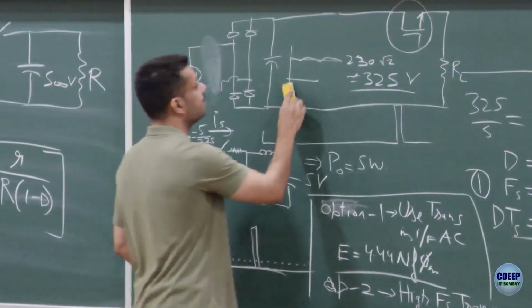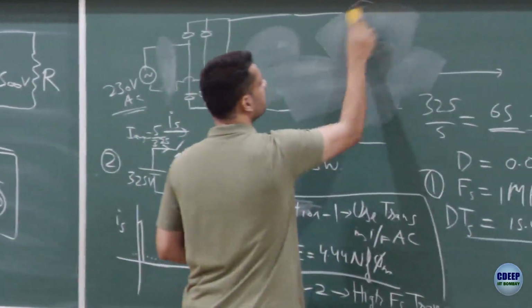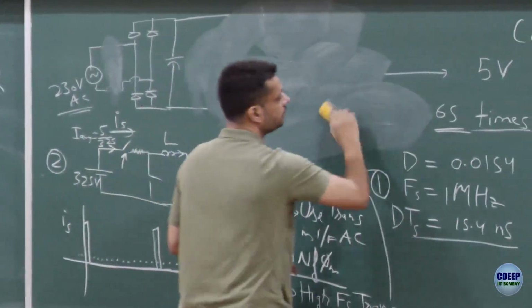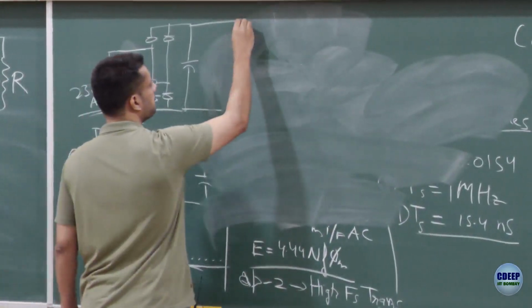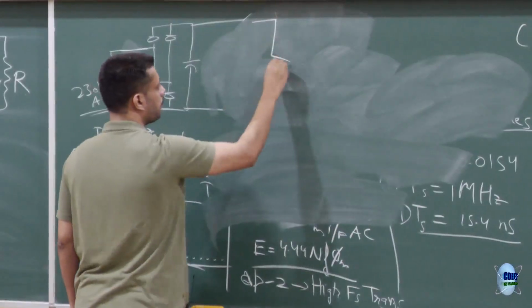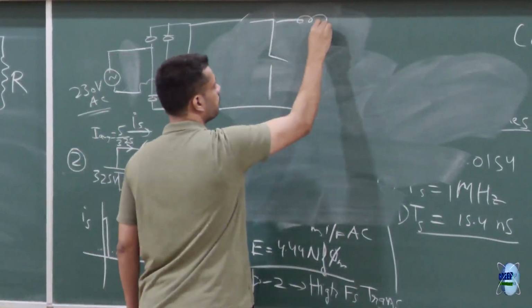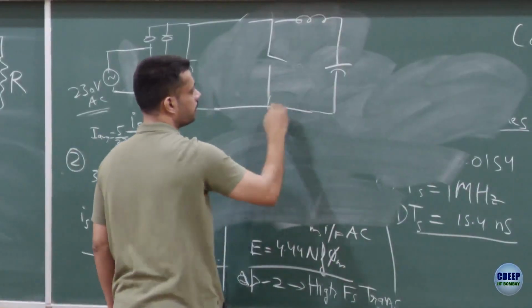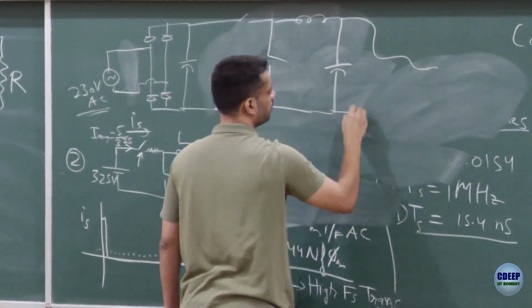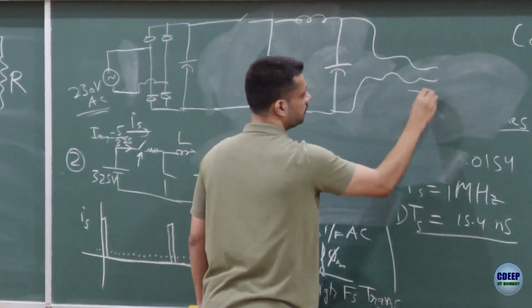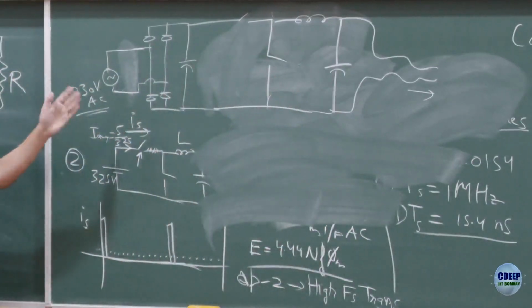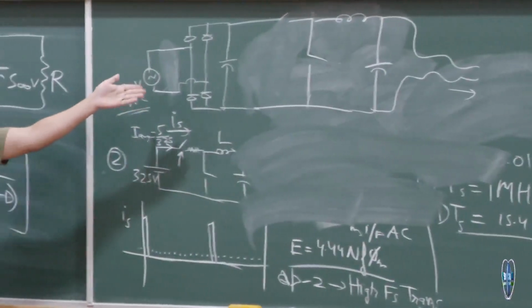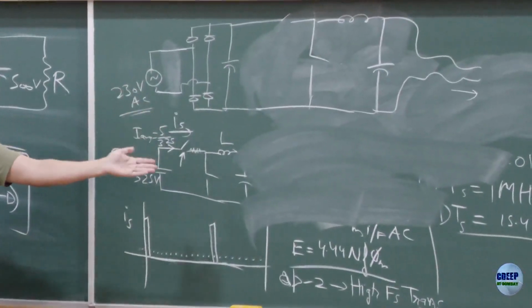Let me first draw it so that you see the problem clearly. I'm talking about this circuit. Hypothetically, if this buck converter works, do you want to use it at your home?